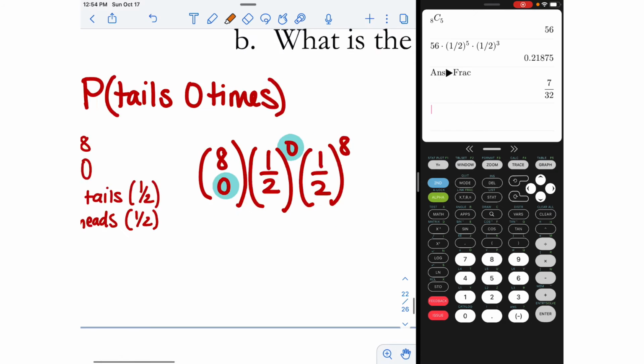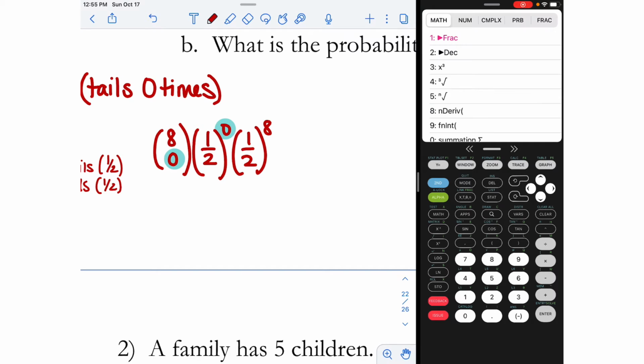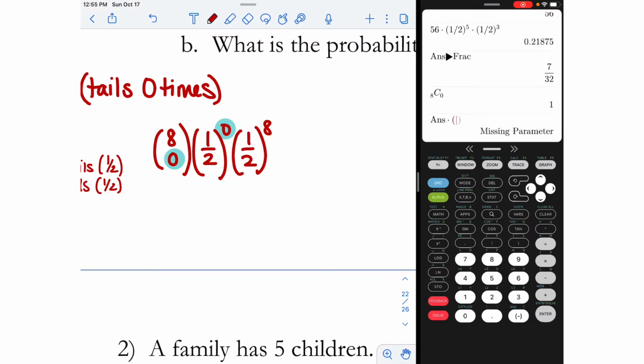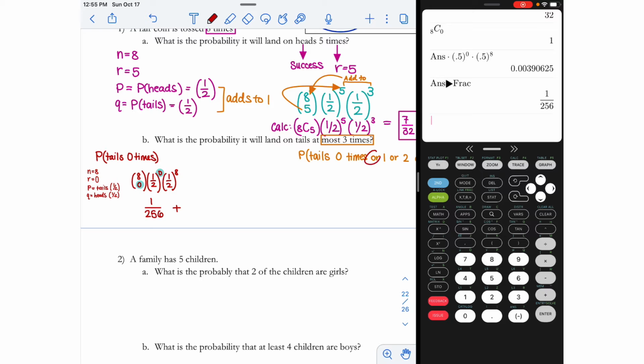Let's calculate it now. 8 choose 0, times 0.5 to the 0 times 0.5 to the 8th. 1 out of 256. And I'm adding these up because these are all ors.